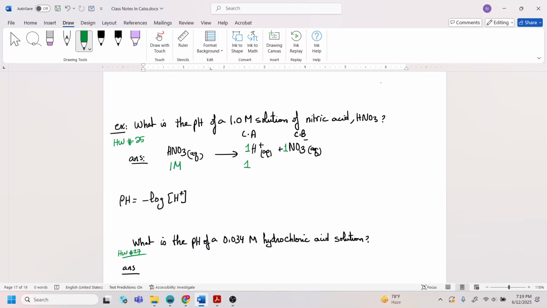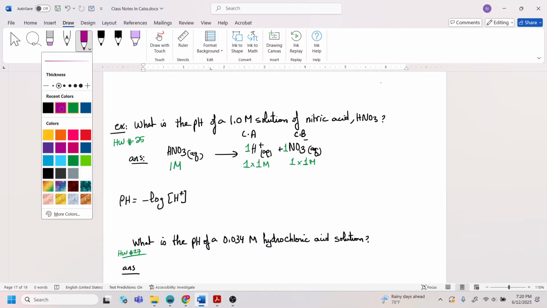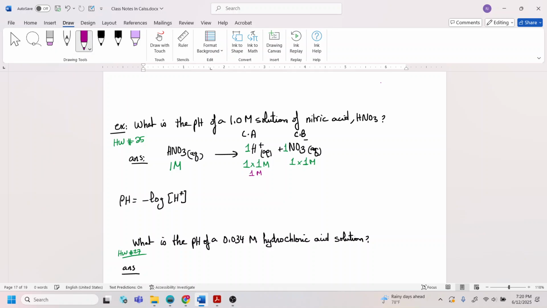So the concentration of H plus is equal to the number of moles multiplied by the 1 molar, and the concentration of NO3 is equal to 1 mole times 1 molar solution. You guys, I don't care about NO3, I care about H plus, so here it's going to be 1 molar. So that's the final concentration of H plus, 1 molar.